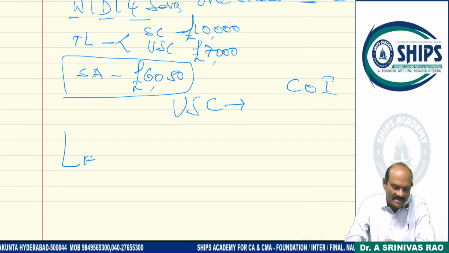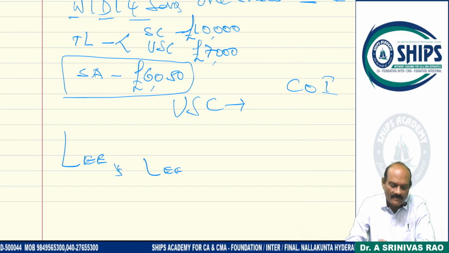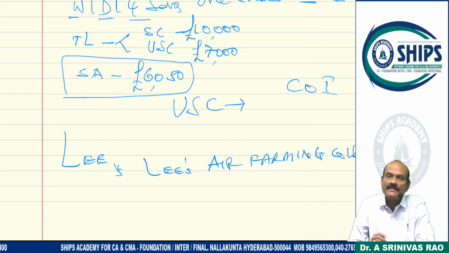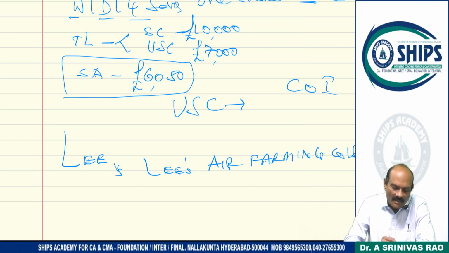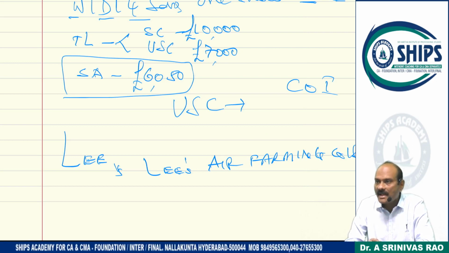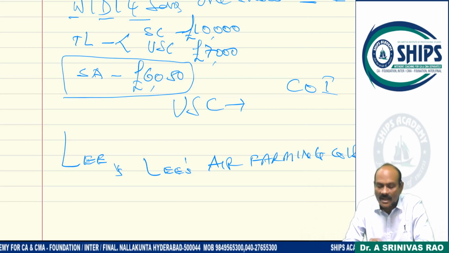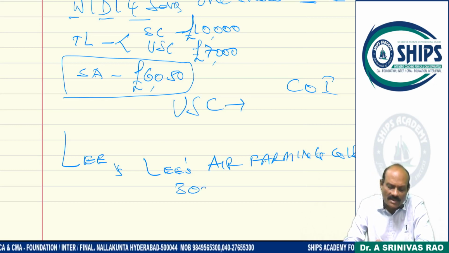Lee versus Lee's Air Farming Company Limited. In this case, Mr. Lee started a company under the name of Lee's Air Farming Company Limited. Here, how many shares were there? Total 3,000 shares in this company.